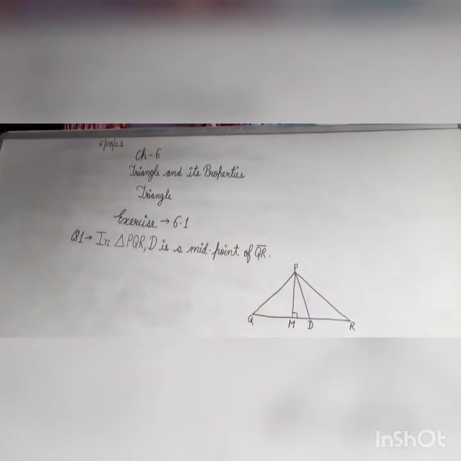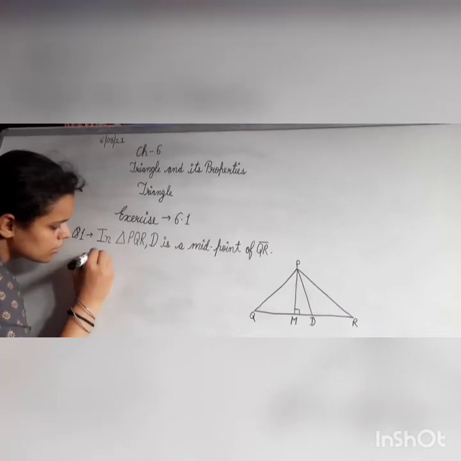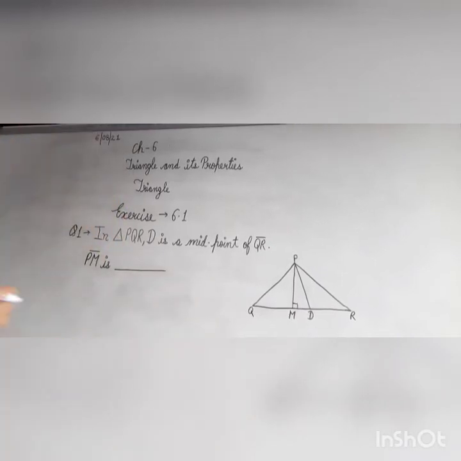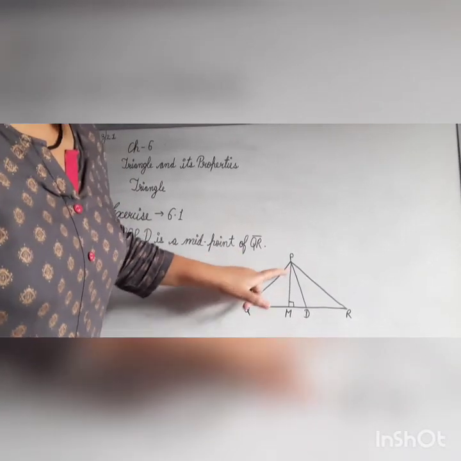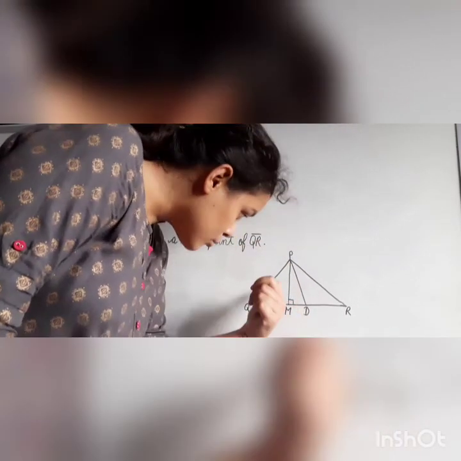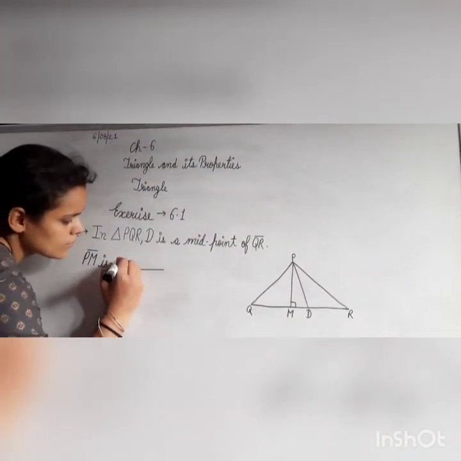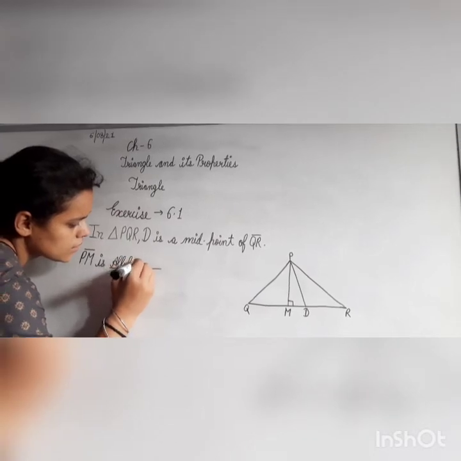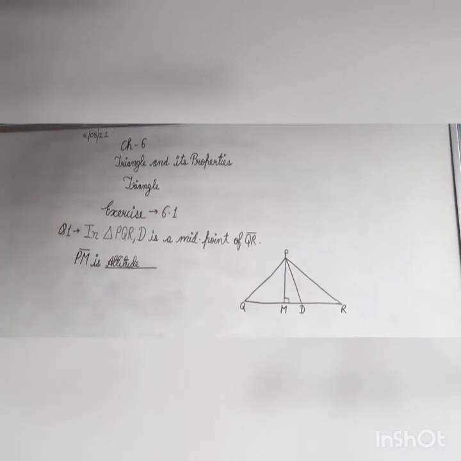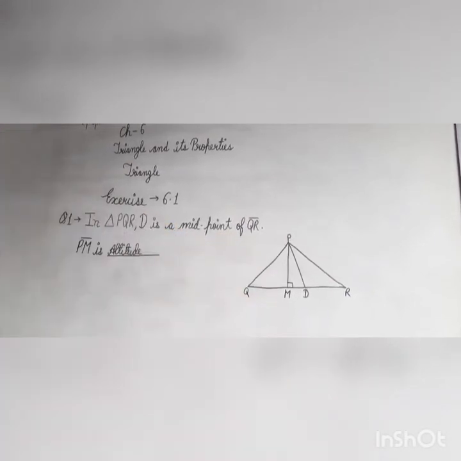Okay class, first you have to tell PM is dash. You can see that in the line PM there is a 90-degree angle. As you know, it is an altitude.